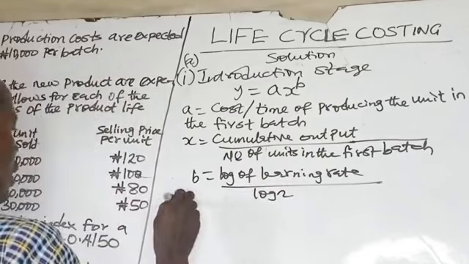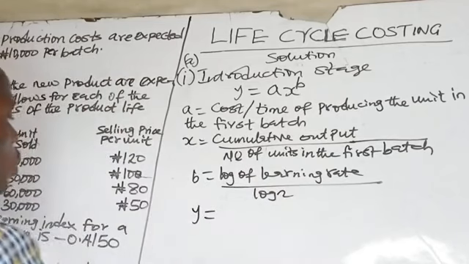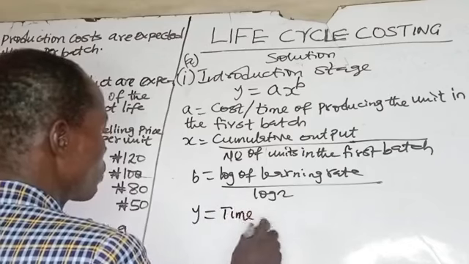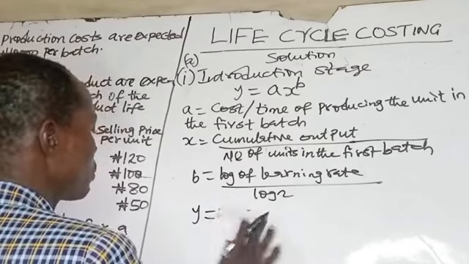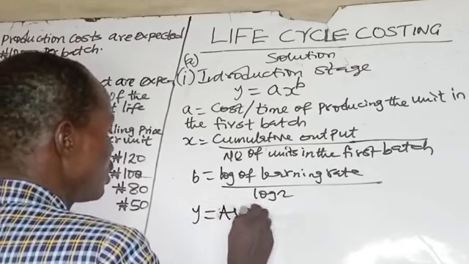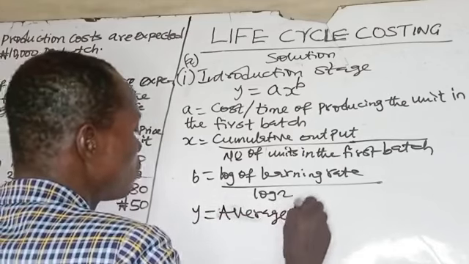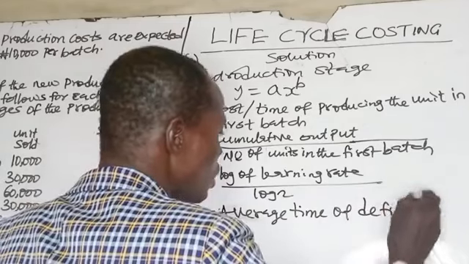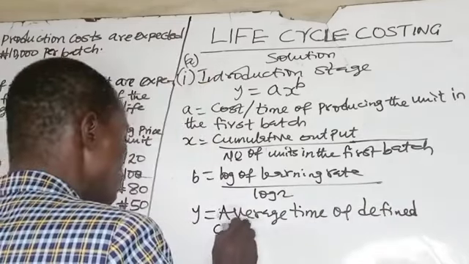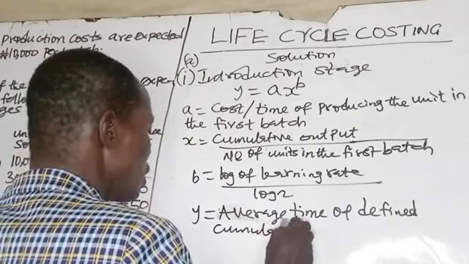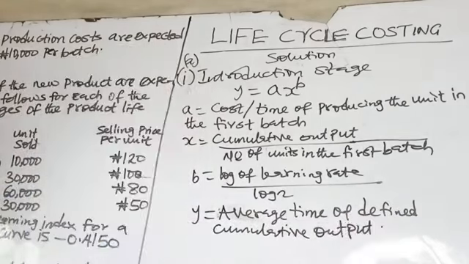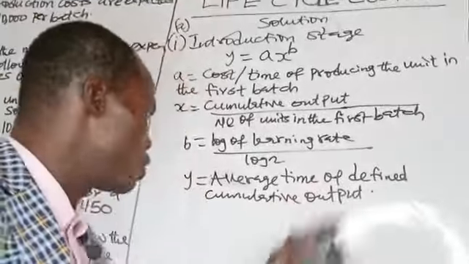And Y equals the time or average time of the defined cumulative output. That is the time per unit of the cumulative output.